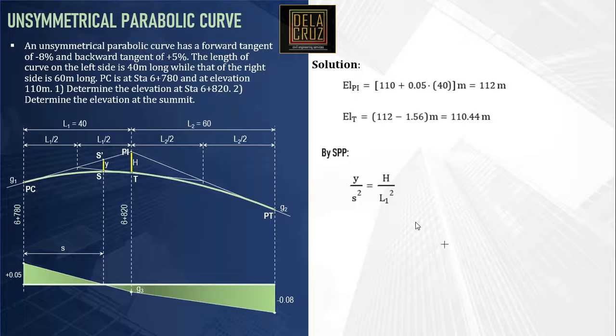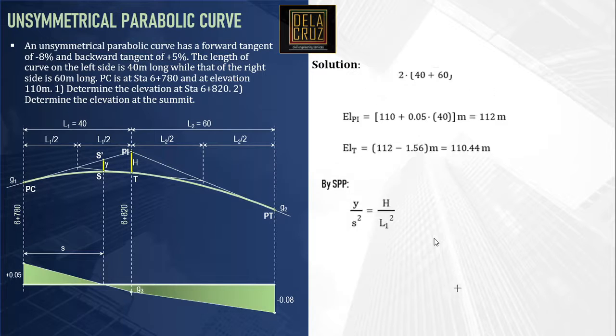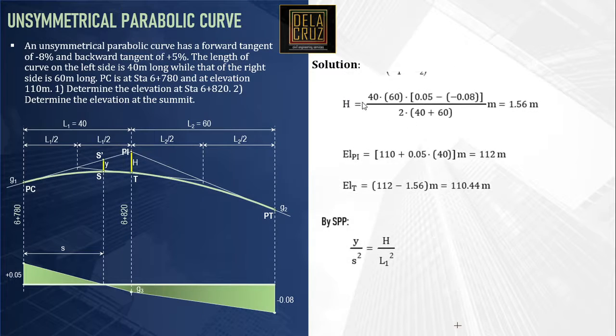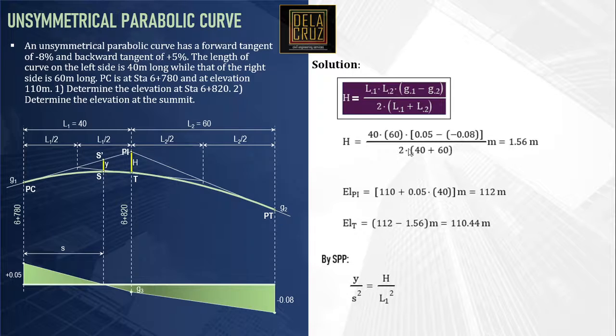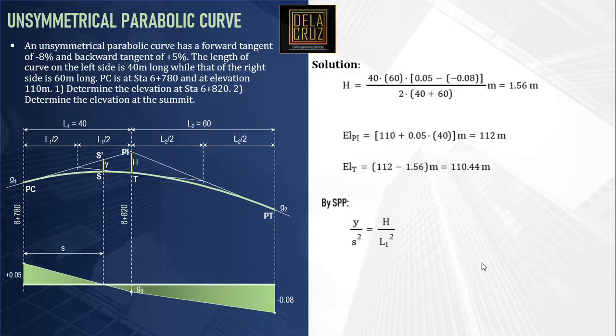In this case, we can calculate the value of Y since we have the value of H. Again, we just need to memorize this one formula, and the others can be calculated using the grade diagram or the basic principles of geometry. The value of Y is equal to H over L sub 1 multiplied by S squared.